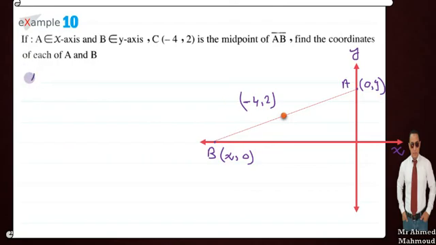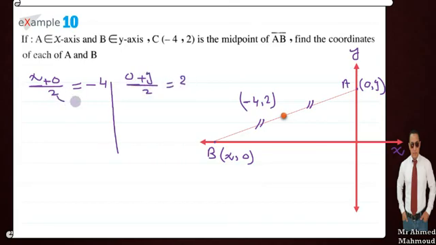x plus 0, because negative 4 and 2 is the midpoint. Then x plus 0 over 2 equals negative 4, and 0 plus y over 2 equals 2. 2 multiplied by negative 4 equals negative 8.